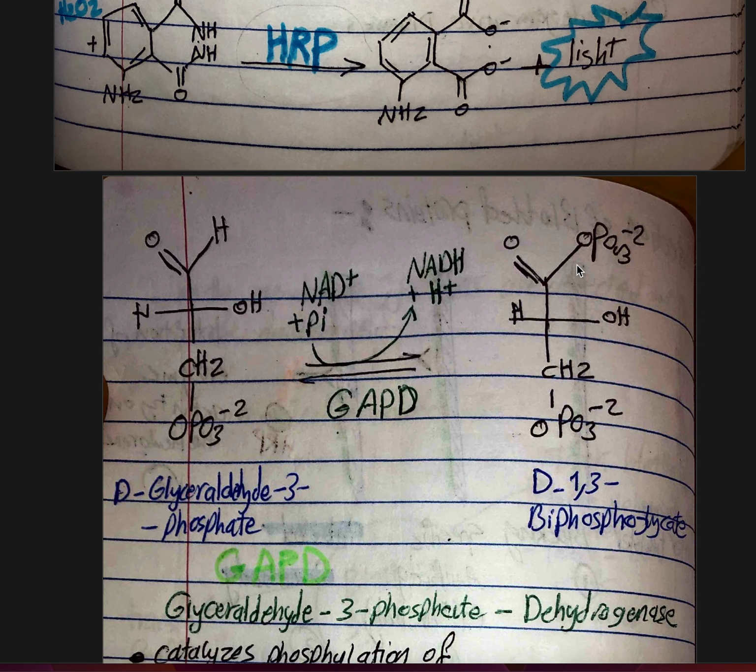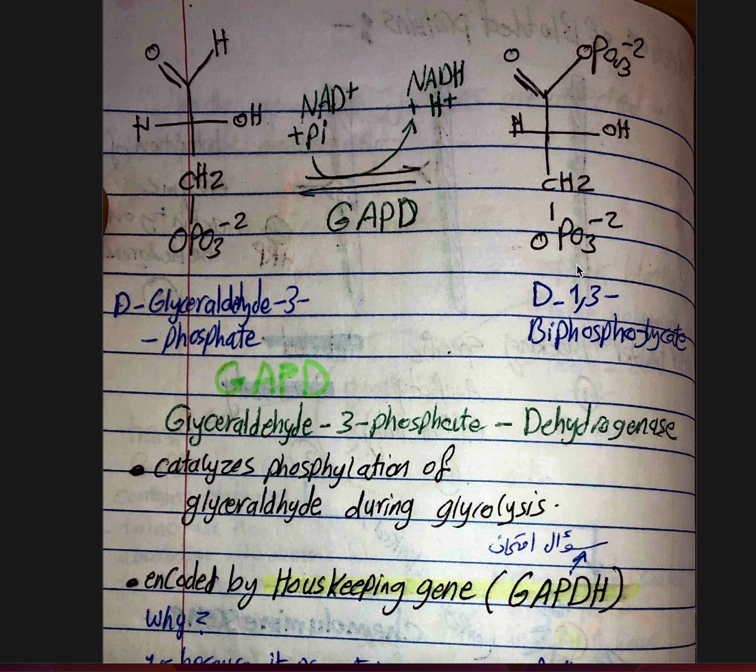Then I talked about another topic which is also important. Here we have D-glyceraldehyde 3-phosphate. Why do we say D-glyceraldehyde 3-phosphate? Because the OH is on the right side, and the phosphate group is present on the third carbon, so we say 3-phosphate. D-glyceraldehyde 3-phosphate is acted on by the enzyme called glyceraldehyde 3-phosphate dehydrogenase.